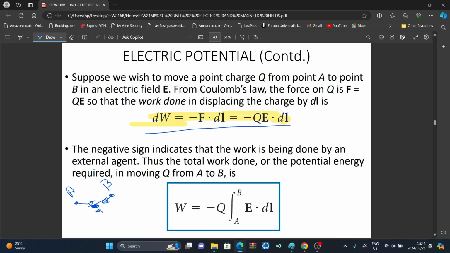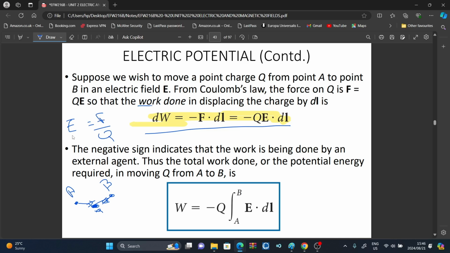That's what we are going to do. From Coulomb's law, the force on Q, I think you know the force equation, is F equals Q times E, our electric field. If you remember, our electric field equals force divided by Q. So that's where we get that.